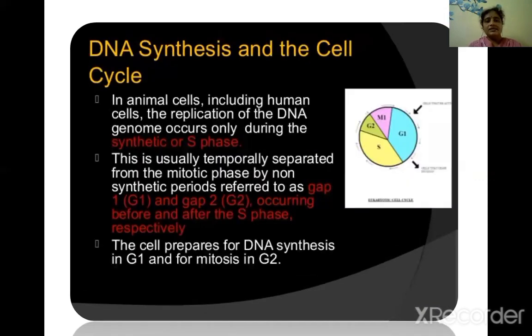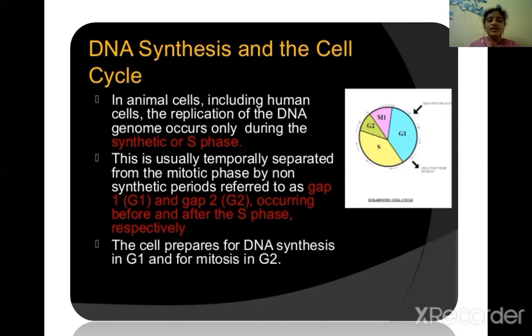This DNA synthesis, or DNA replication, occurs in the cell cycle during the S phase. In animal cells, including human cells, the replication of the DNA genome occurs only during the synthetic or S phase.